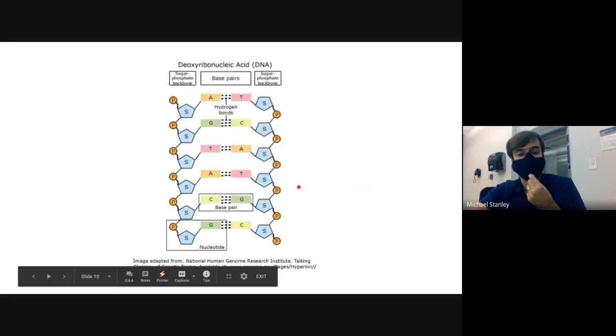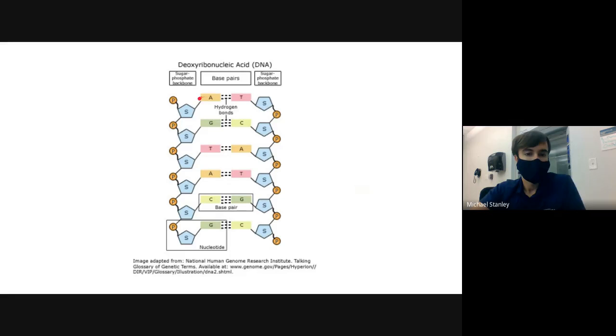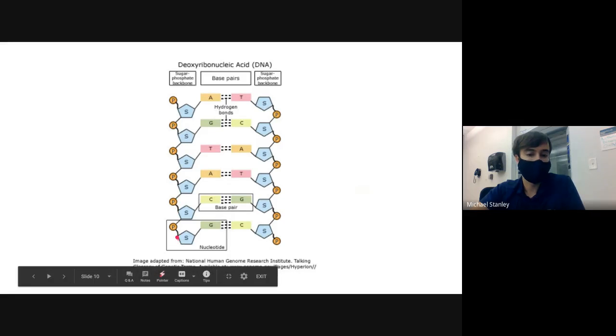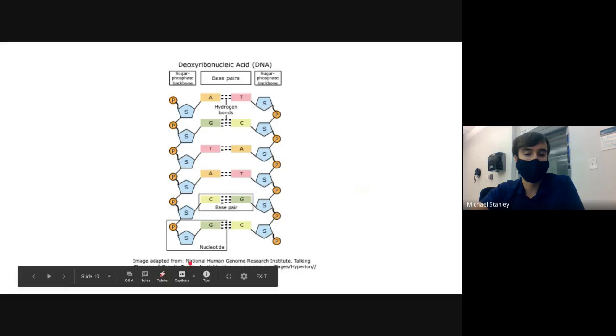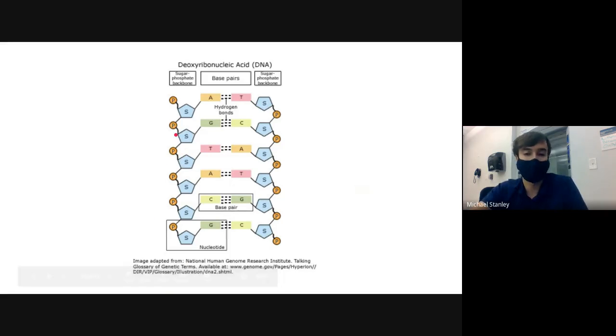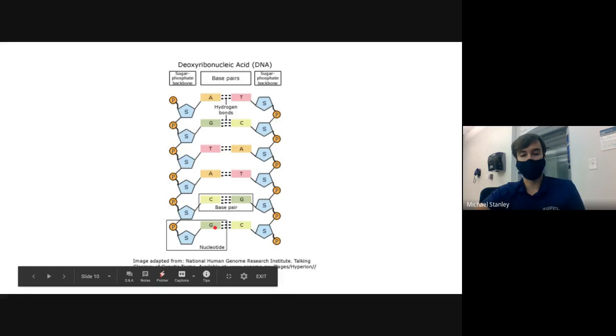So a molecule of DNA looks something like this. The sugars and the phosphates are on the kind of outside part of the DNA. Those are what make up the strands. And then the bases are connected to each other across the middle of the DNA.